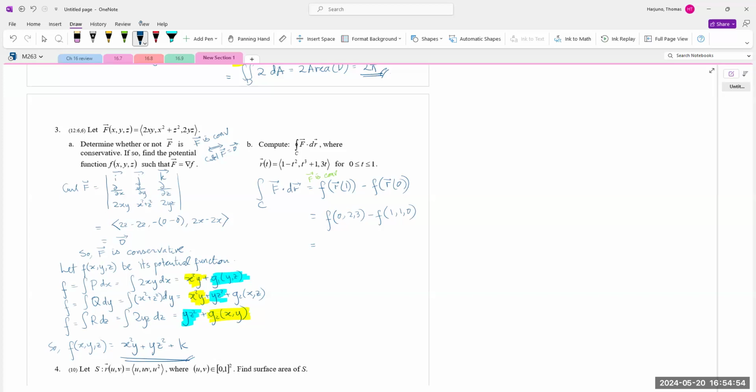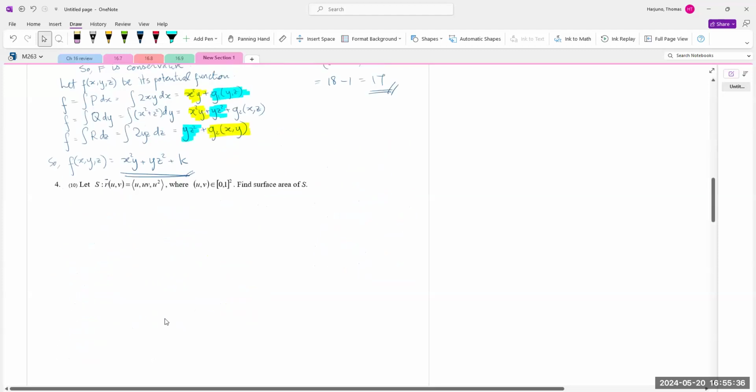So x equals 0, so this will be 0 plus 2 times 3 squared minus 1 squared times 1 plus 0. So this will be, what's that? 9 times 2, 18, minus 1, that's 17. Now, you can try doing it the wrong way, but I don't think that's a good idea.